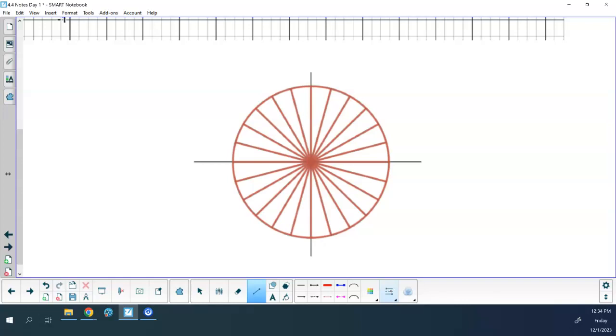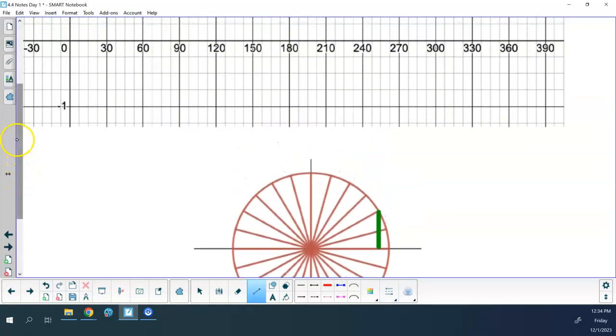You guys just told me that y is sine, yes? So using your piece of spaghetti, you are going to go to the 30 degree, and you are going to measure it vertically with your spaghetti. Then you're going to take that piece of spaghetti.